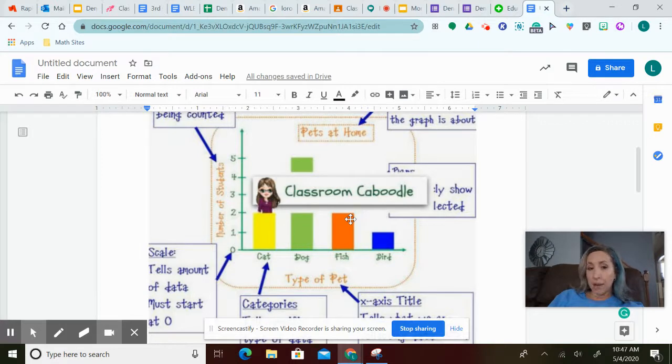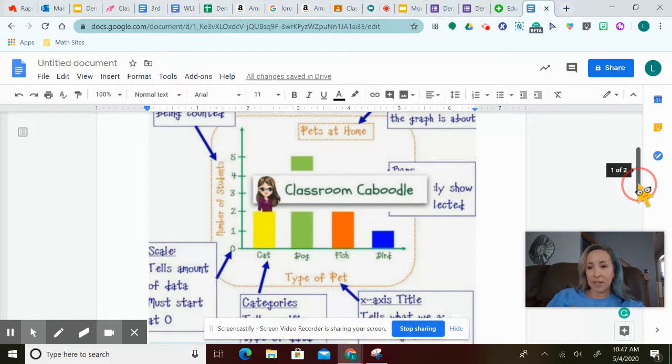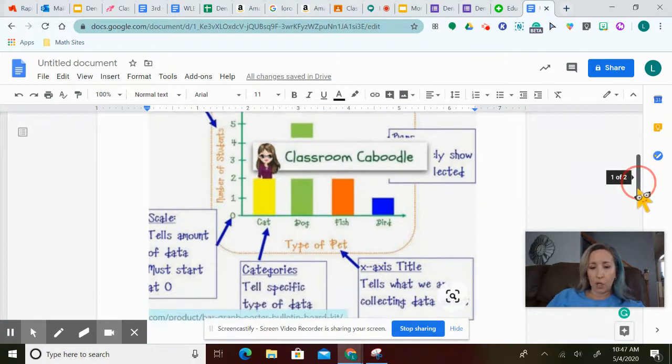And then your scale would go either along the y-axis or along the x-axis, depending on where you put your bars. So the most common bar graph that people will use are the vertical bars. Anyways, okay, so you have a title. You use your symbols, which are your bars for a bar graph.